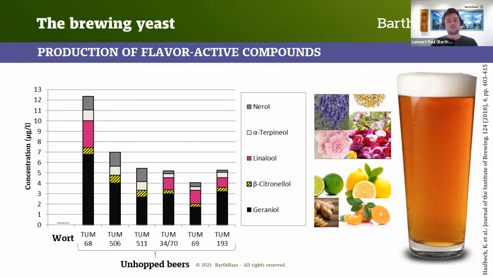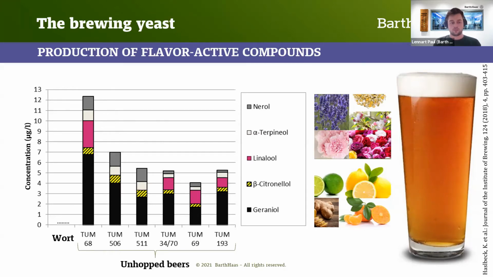This is a graph from scientific research by a former colleague of mine in Haselbeck. They produced a wort, and as you can see on the left side of the graph, it contained none of these monoterpene alcohols. Additionally, they did not use any hops in this wort.